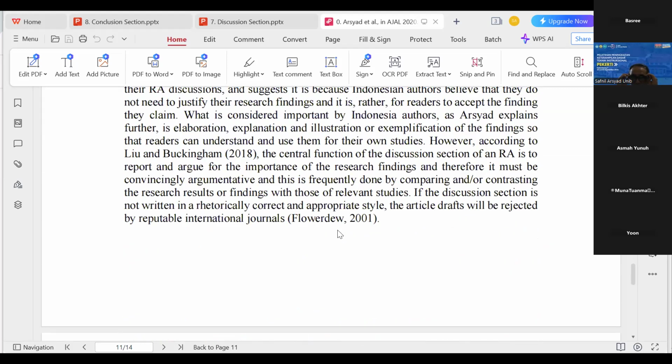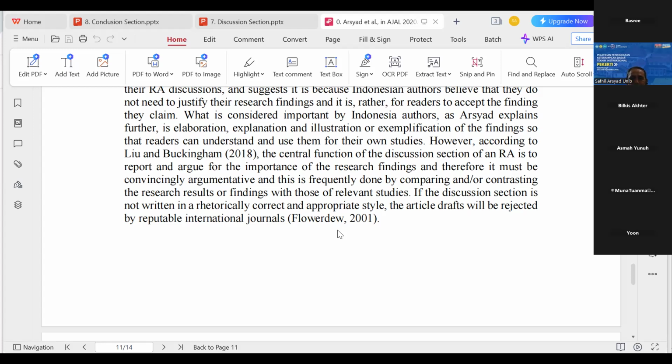So again, remember that this section is the most difficult one to write, because we have to argue strongly to convince readers that our research findings or results are logical, acceptable, important, interesting.